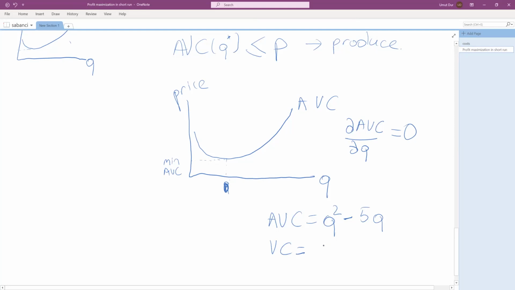No, so the variable cost will be, so variable cost is average variable cost times Q, then it will be Q cube minus 5Q square.